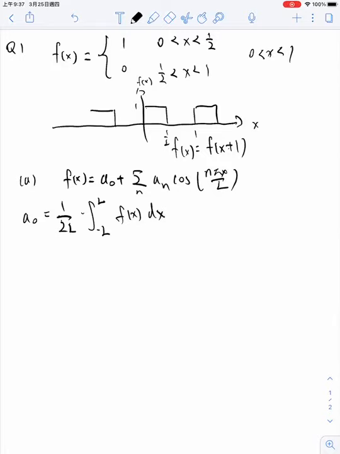Here the upper and lower bounds represent the whole period of the function f.